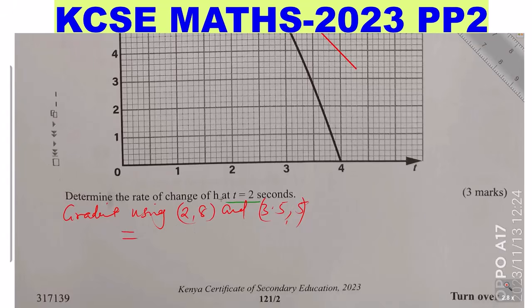So change in y would be 5 subtract 8, divided by change in x, 3.5 subtract 2. This will give -3 divided by 1.5.